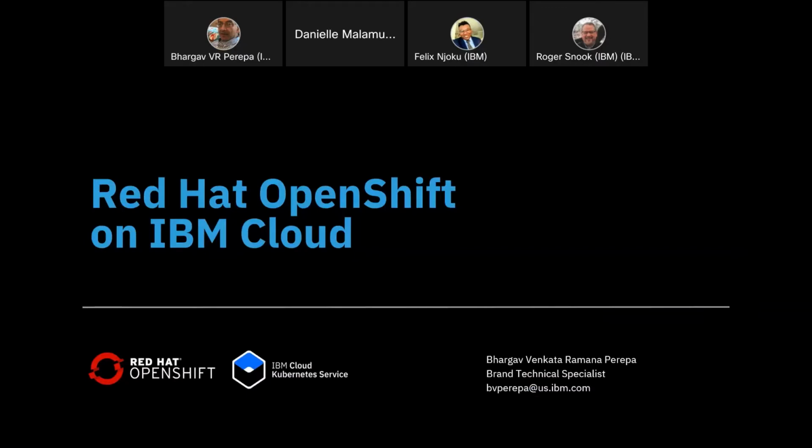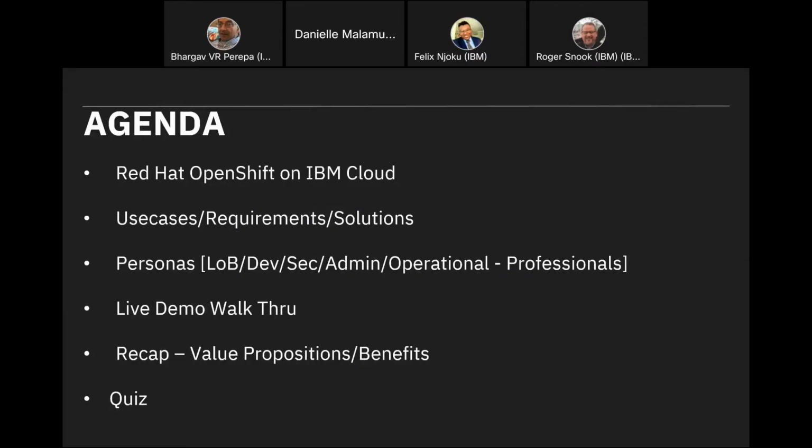I'm going to demonstrate a live demo on IBM Cloud, but a lot of things that I'm going to share with us, OpenShift works in any cloud in the exact same way, right? So that's number one. And then the plan here is, why do we care for Red Hat OpenShift on IBM Cloud or any other cloud service provider cloud, right? The notable ones, Amazon, Google, Microsoft, or even Red Hat, right?